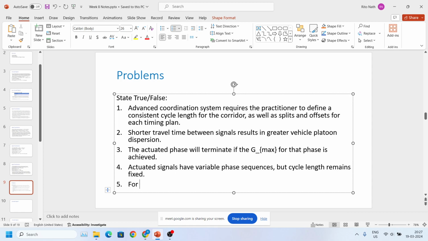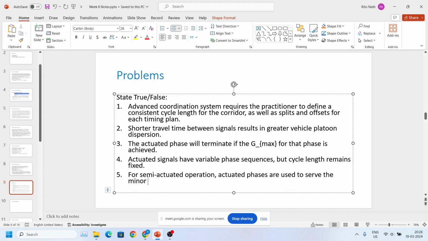Next is for semi-actuated operation: actuated phases are used to serve the minor movements.